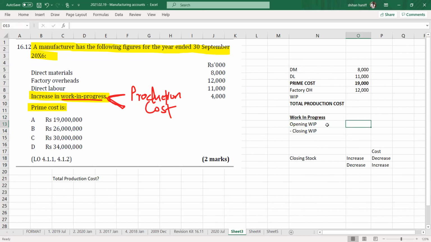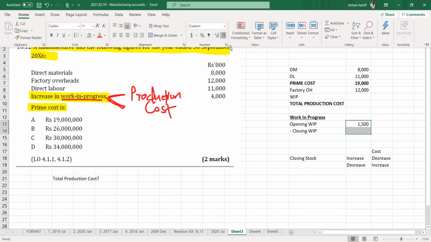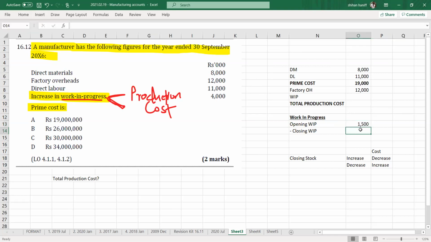So what happens is, let's say opening stock is 1,500. Closing stock increasing. If this increases, what happens? Let's say 2,000. Then what is the net result?